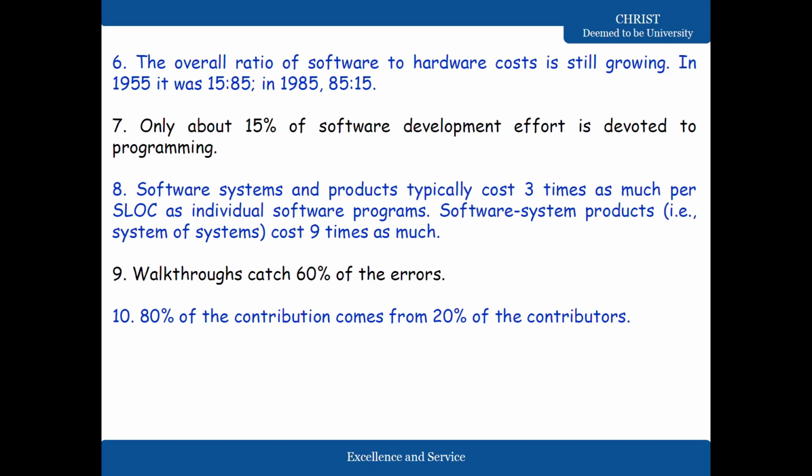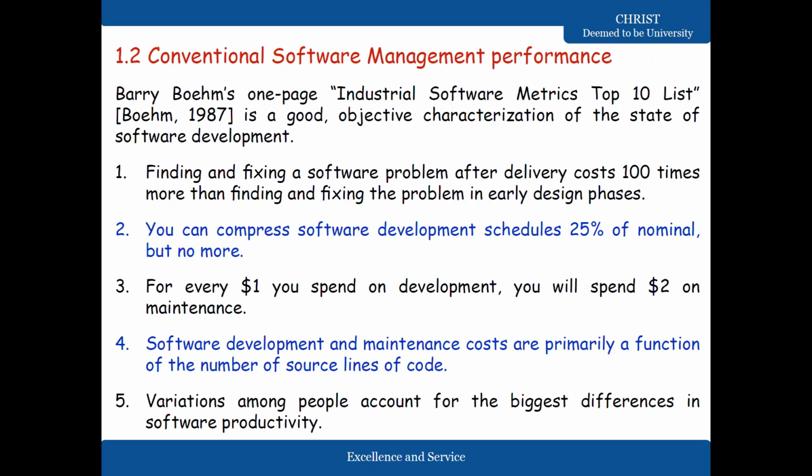The ninth point is walkthroughs catch 90% of the errors. The tenth point is 80% of contribution comes from 20% of contributors. So these are the 10 points mentioned by Barry Boehm in the industrial software metrics top 10 list, which is a good objective characterization of the state of software development.